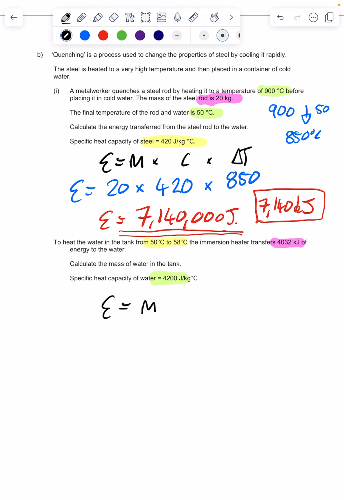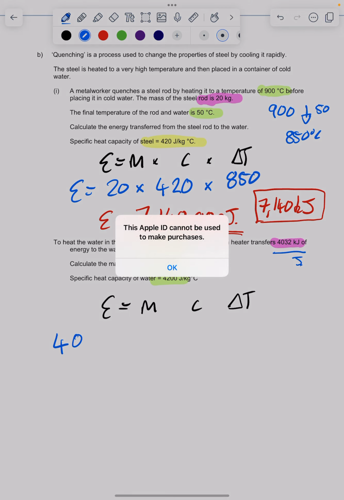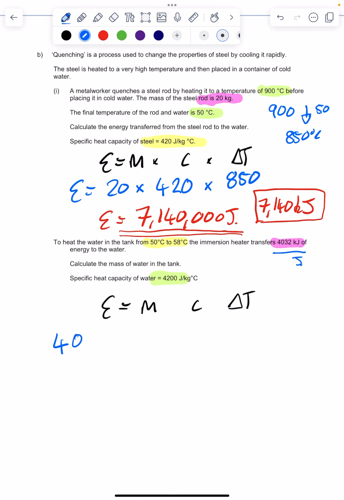Energy equals mass times heat capacity times temperature change. The energy is 4,032 kilojoules. Of course, we want that in joules, so it will be 4,032 with your 3 zeros on the end.